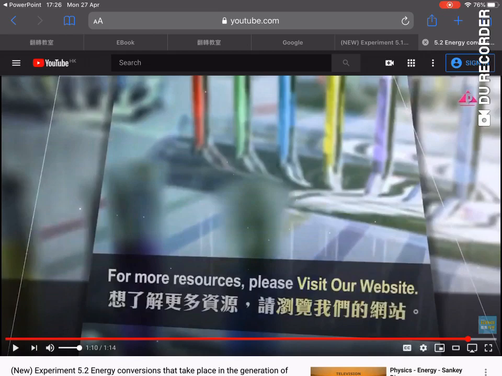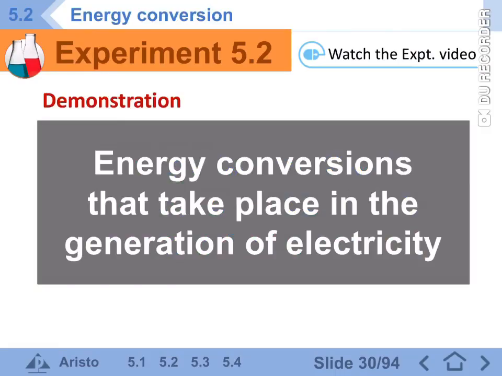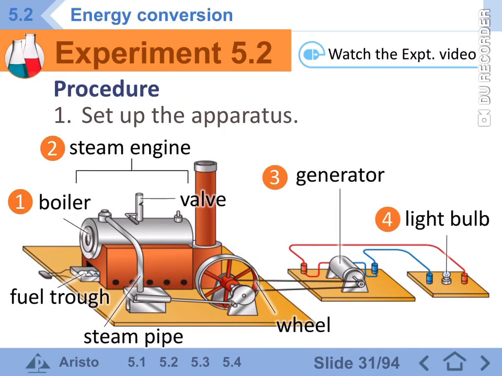Okay, so let's take a look. In this experiment, we're looking at a setup like this. And if you look at the steam engine, it is really similar to what they came up with for the first steam engine back in the UK.